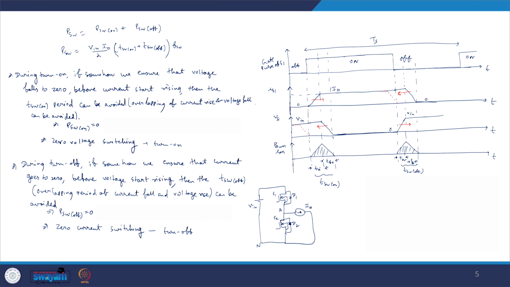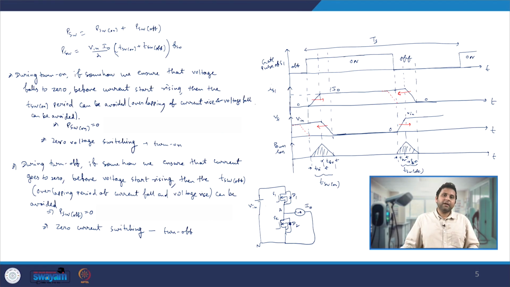So conventionally, because of the operation of this converter structure, there are scenarios in which at least one of the devices goes to zero voltage switching during turn on, and that is when we achieve ZVS operation, and our turn on time is nearly 0, and that is when we can have a soft switching scenario.